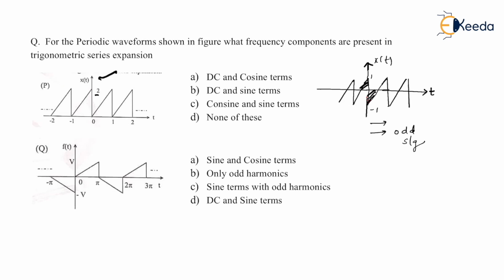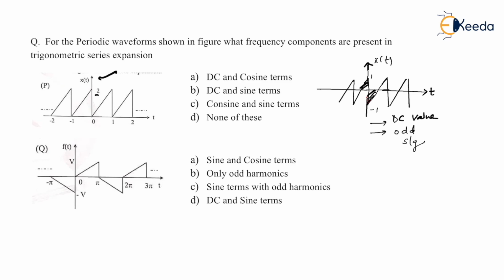The reason it is hidden is because we have extracted some DC value out of it. So definitely it will have some DC value. First of all, its Fourier series must have a DC value. And secondly, since it is an odd signal, we know that for every odd signal, an is always equal to 0. Now you would say, sir, for an odd signal, even a naught equal to 0. Yes, of course.